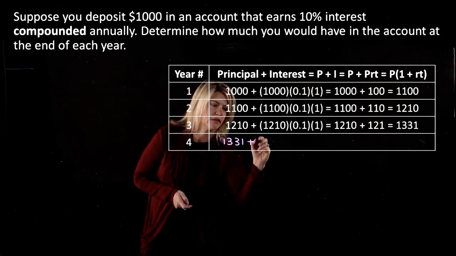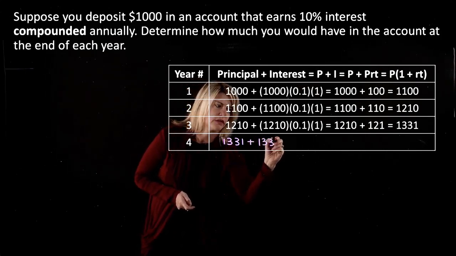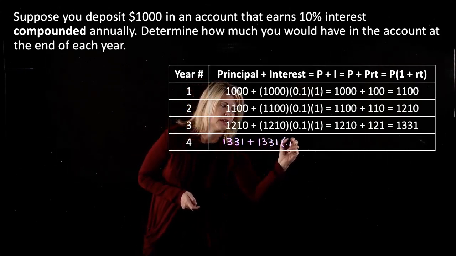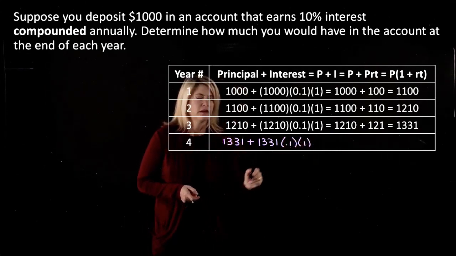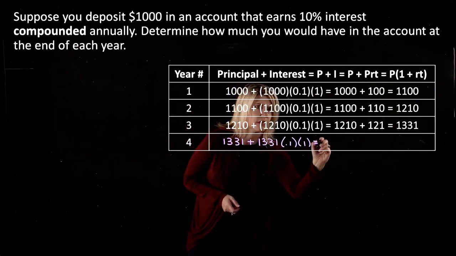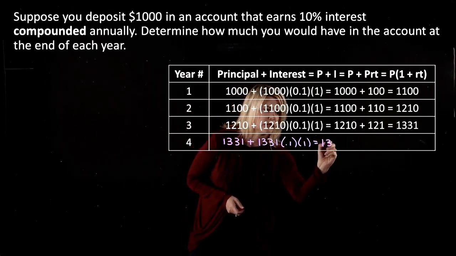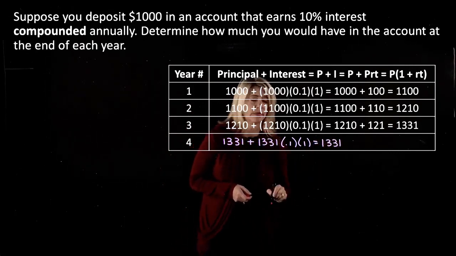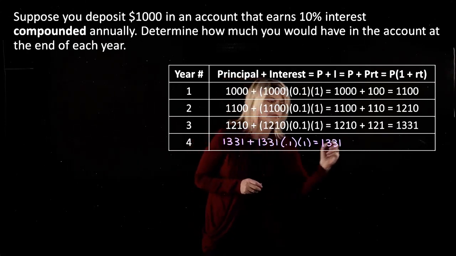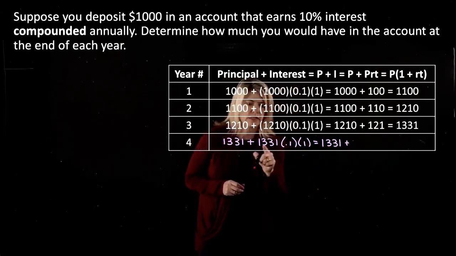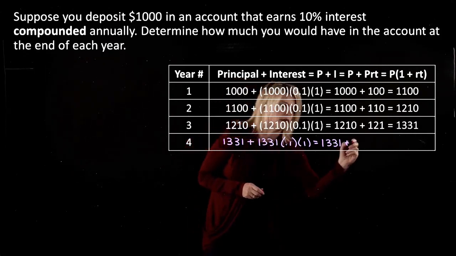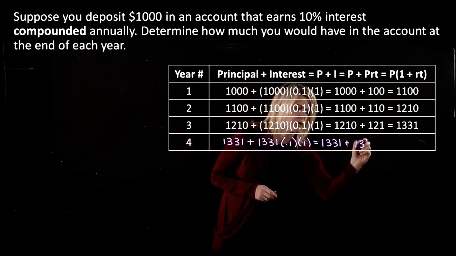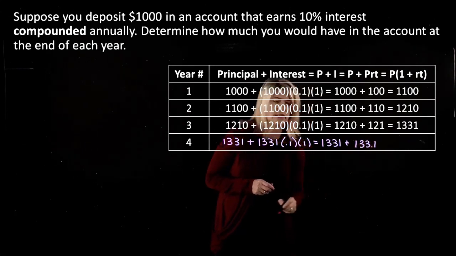So we would take the $1,331 times the 10% for 1 year. The $1,331 was what we had at the beginning of this year. When we compute this piece, the $1,331 times 10%, that gives us $133.10.